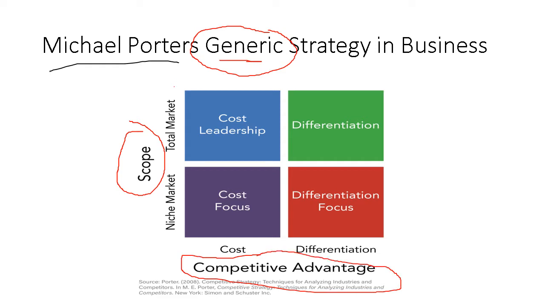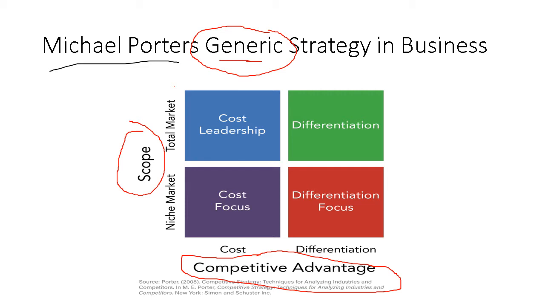When you say competitive advantage, you are using your resources to the peak. You maximize everything, you process your input of resources in such a way that it's efficient and effective. That is competitive advantage.